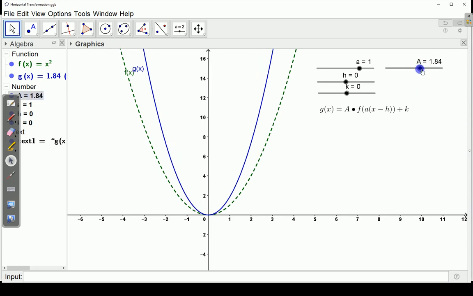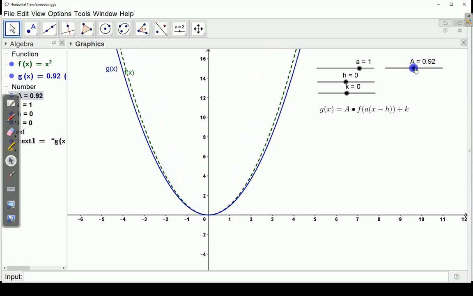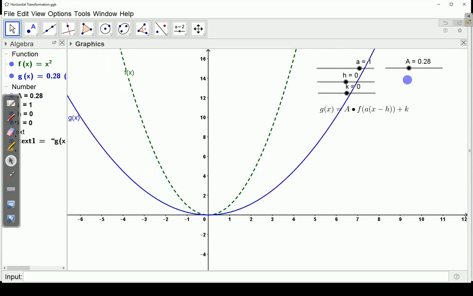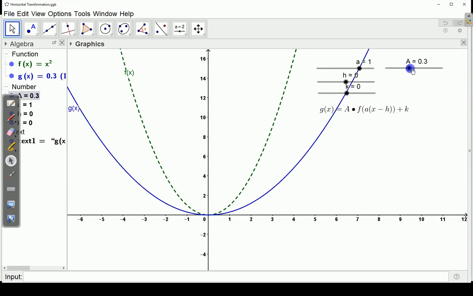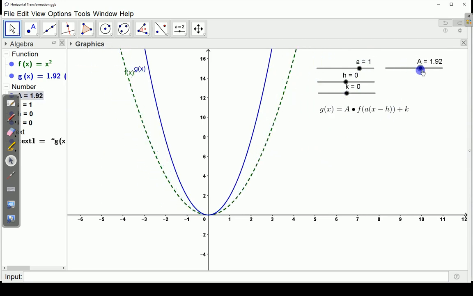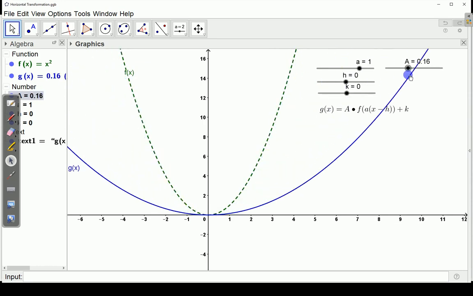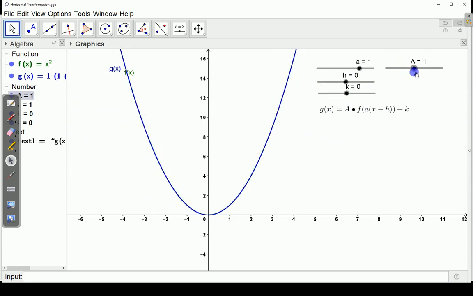If we make the numbers smaller, less than 1, you can see now we have a vertical shrink. The graph was pulled down towards the x-axis. So if a is bigger than 1, we have a stretch vertically, and if a is less than 1, we have a vertical shrink. We knew that already.